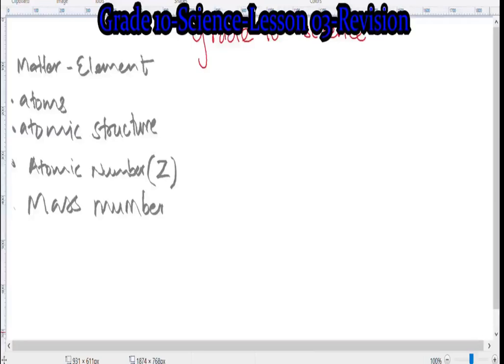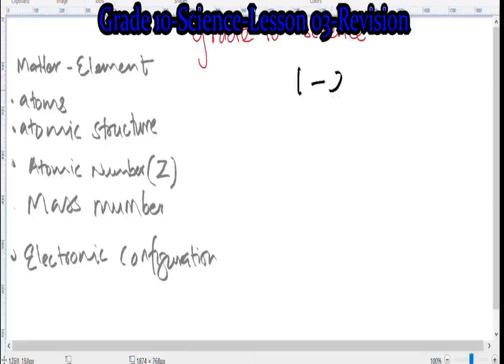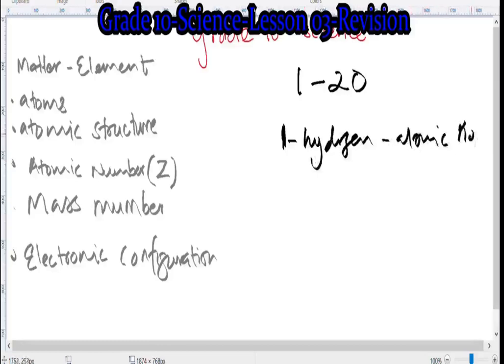Then you have electronic configuration, right? What is electronic configuration? So we saw that elements, when you take around 1 to 20, the first element, which is hydrogen, has atomic number 1. We learned all the 20 elements.